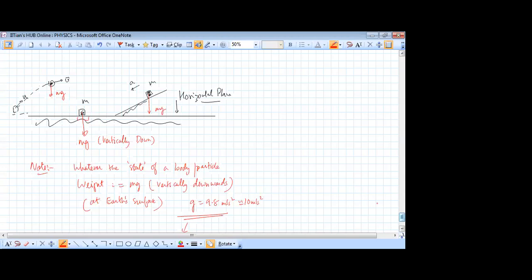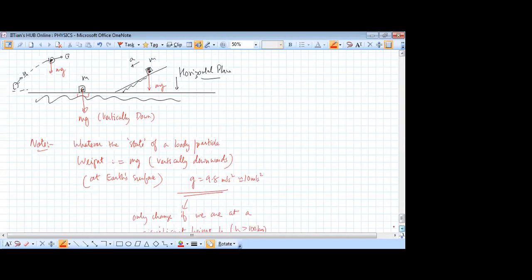Okay, people, so hope you understood about gravitation, which is the first of the fundamental types of interactions known in physics.